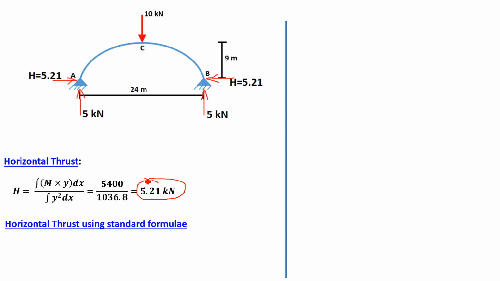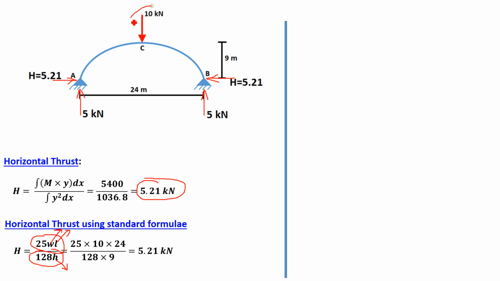Like in the previous problem we discussed, we can verify the answer by using the standard formula of horizontal thrust. The standard formula of horizontal thrust is 25 into W into L upon 120H, where W is the point load, L is the span of arch, H is the central rise.